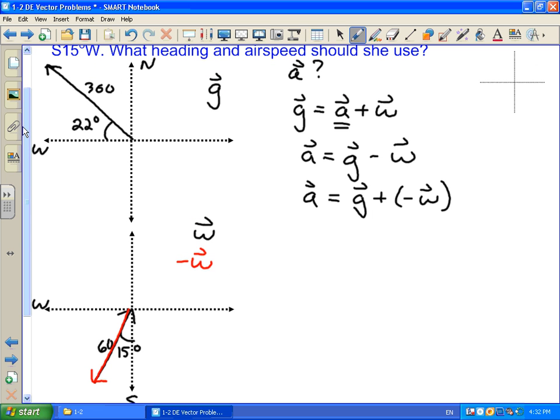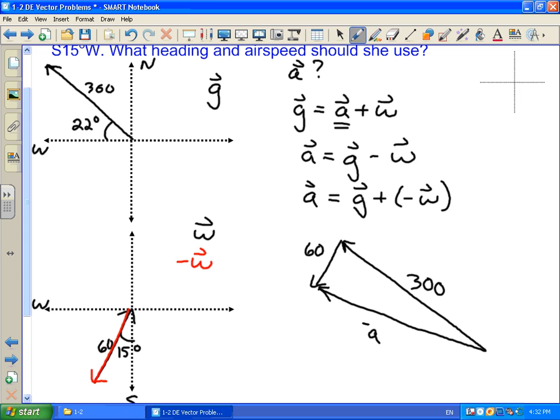So this can be our ground velocity here, and we're going to add in 60 for minus wind velocity. This one over here was 300. And the vector sum of those two, of course, goes from the tail of the first one to the tip of the second. This is going to be our air velocity here.